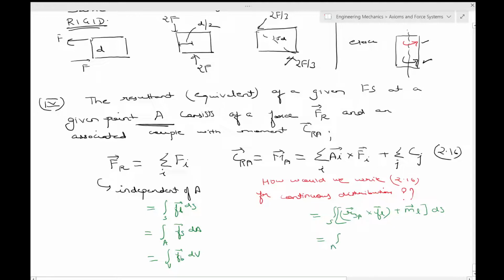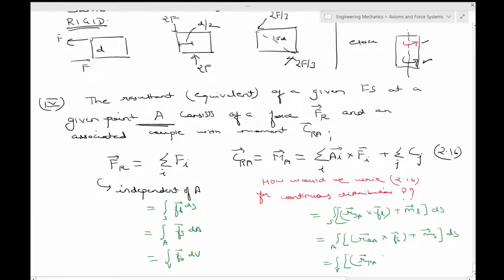This would be RQA cross FS plus MS. So these are the surface moments MS, and over the volume, so we are taking these separate points.